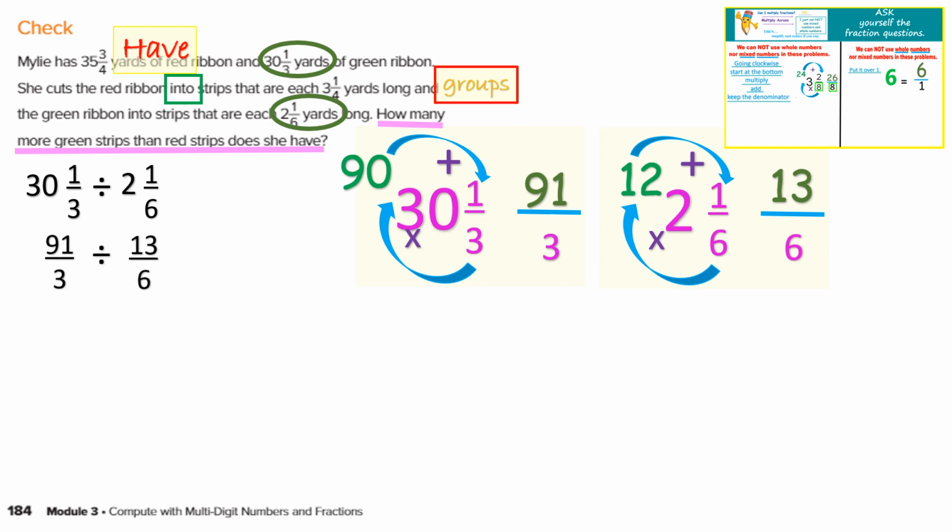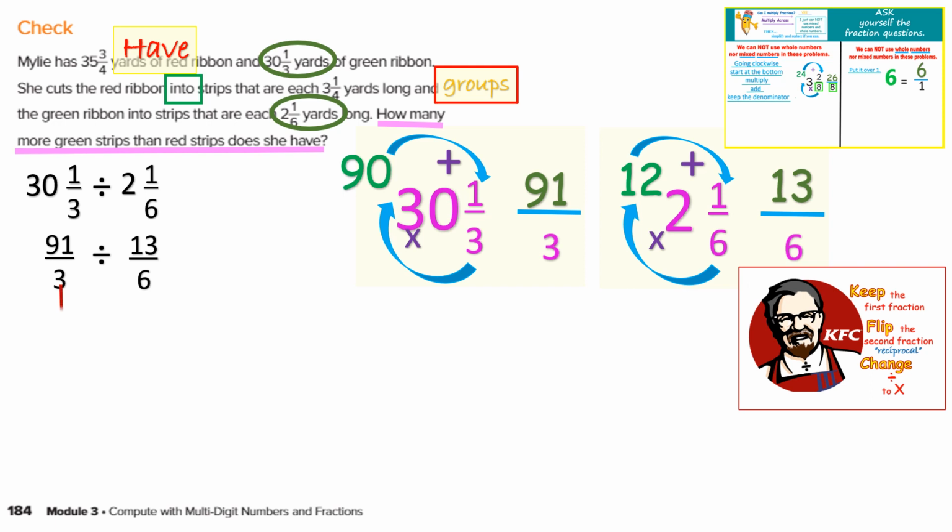I put them in the correct corresponding places, so I end up with 91/3 divided by 13/6, which I can't do. So we KFC. I keep my first one, I flip my second one, I use the reciprocal of 6/13, and then I change division to multiplication. What can I cross reduce?